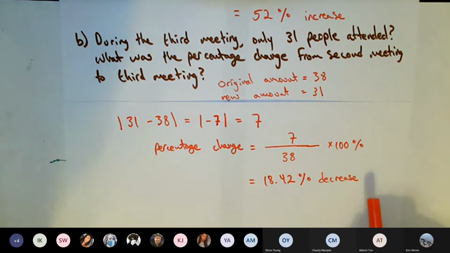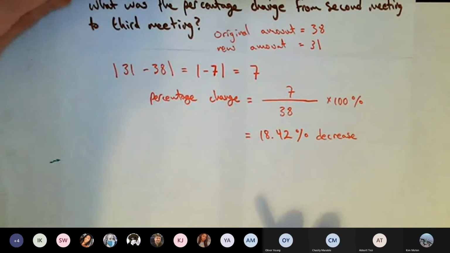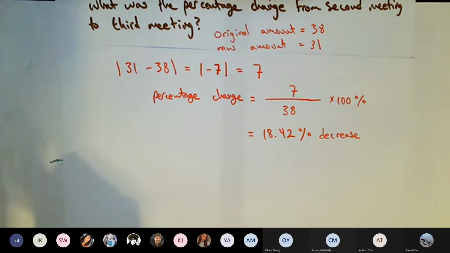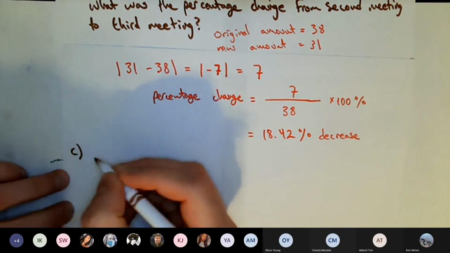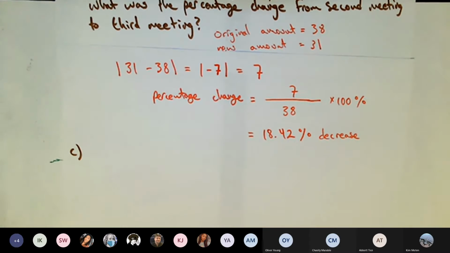So in order to decide if it's an increase or decrease, you have to look at the context of the problem and decide what's going on. Okay, part C. Now we've measured from 1 to 2 and from 2 to 3. So you probably know what I'm about to ask. I'm going to ask you to measure from 1 to 3.